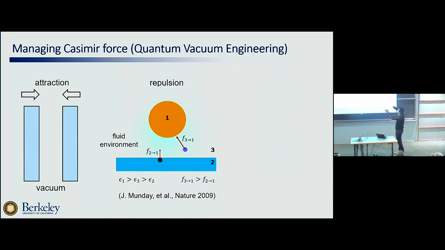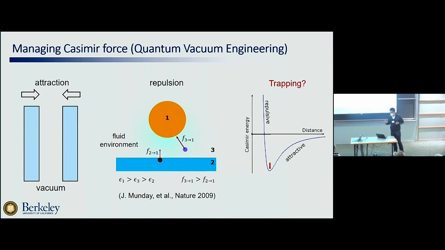You need this fluidic environment where you have a different dielectric constant, and you make the fluidic environment very much like the ball, so that it really likes it, so that it doesn't want the substrate to attract it. So the fluid pushes the first object upwards. That's more like an intuitive explanation.